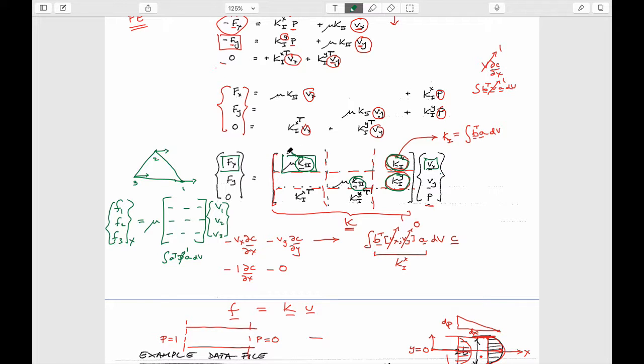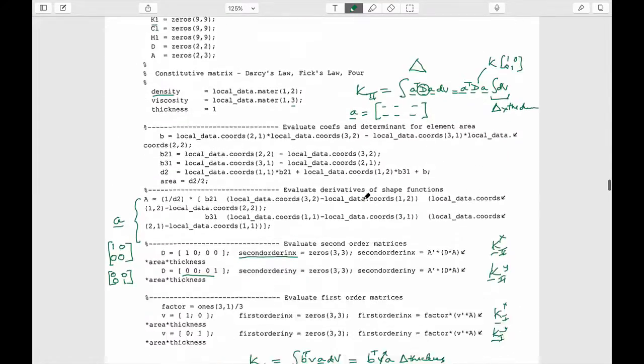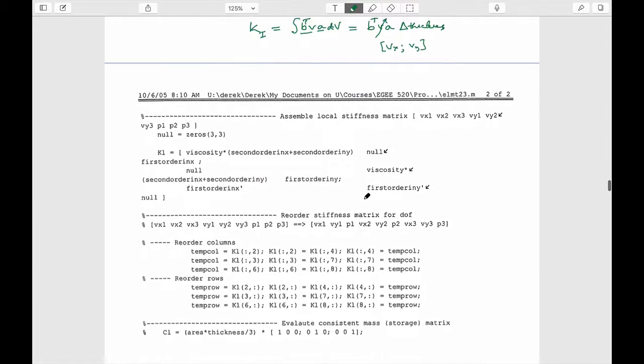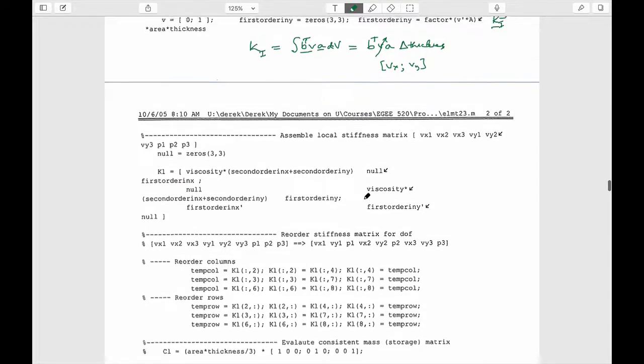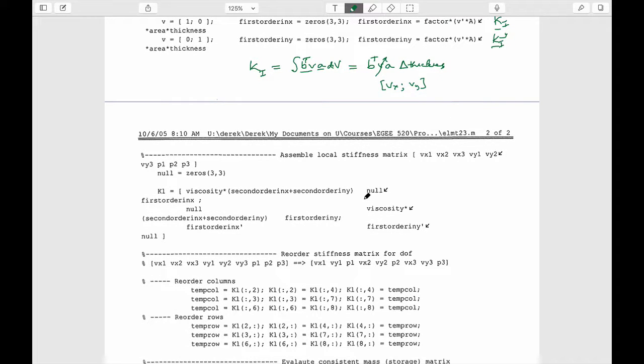Actually, if you look at this, we know that these are symmetric, and we know that these are anti-symmetric to each other. So actually this matrix relationship ends up being symmetric as well, which is kind of curious. Not sure it matters to us much right now, but that's curiosity. And so then we end up with that matrix equation.